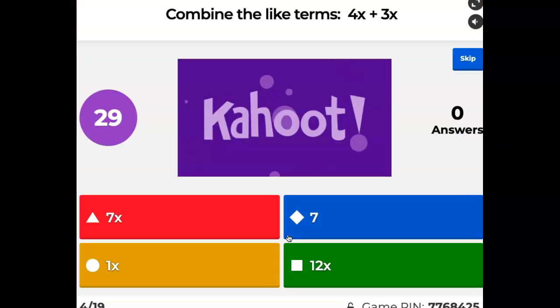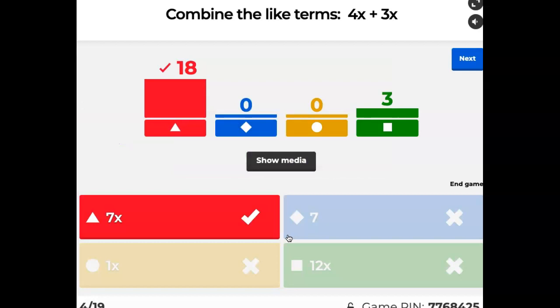Combine like terms 4x and 3x. 4x plus 3x. That was fast. And there are still 3 people who did not get that.